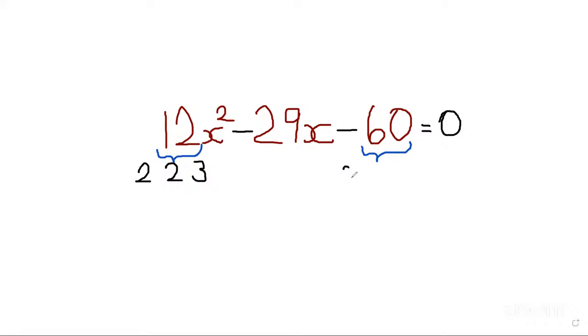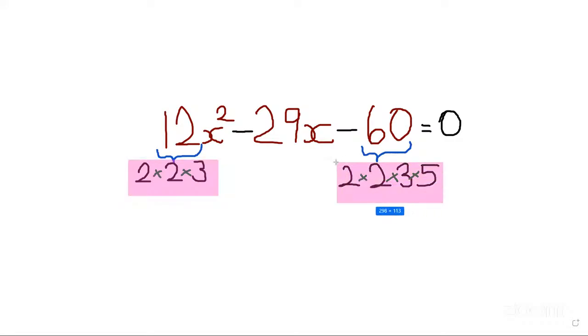Then we have a 2 and a 2 and a 3 and a 5, right? So the real question now is, what do we do with these two groups of numbers? Because it is important that we find some way to combine these numbers, right?